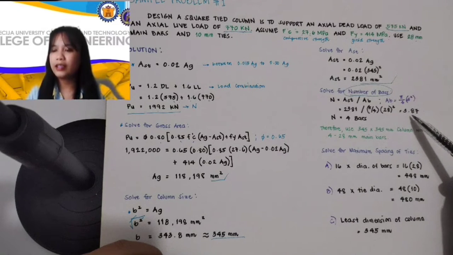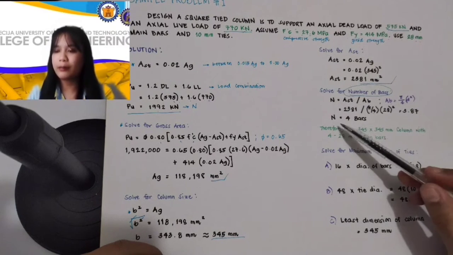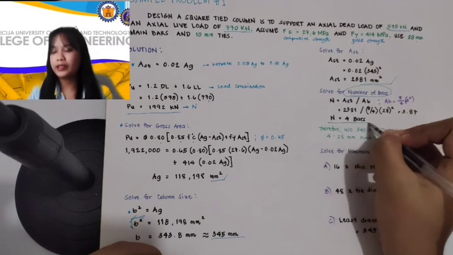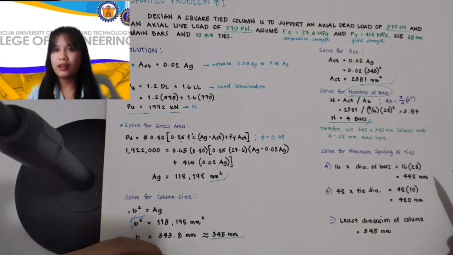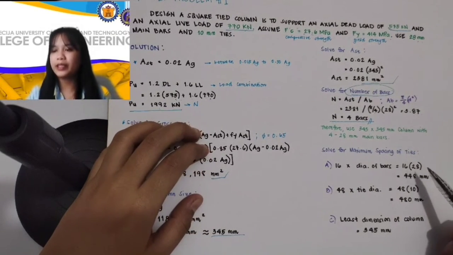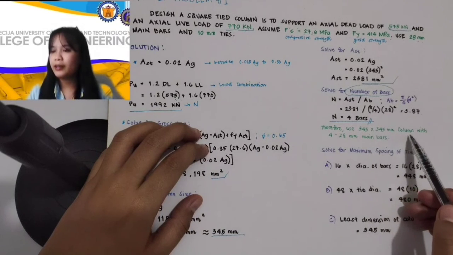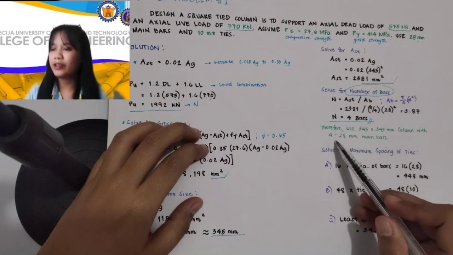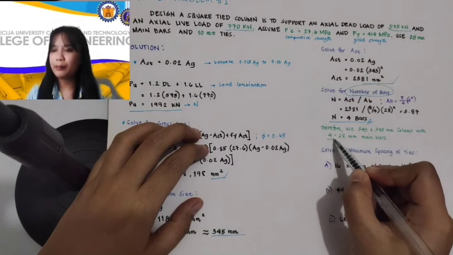So we get the number of bars is equal to 3.87, approximately 4 bars. There is no 3.87 number of bars, so we assume 4 bars. Therefore, we will use a 345 millimeter by 345 millimeter column with 4 pieces of 28 millimeter main bars.